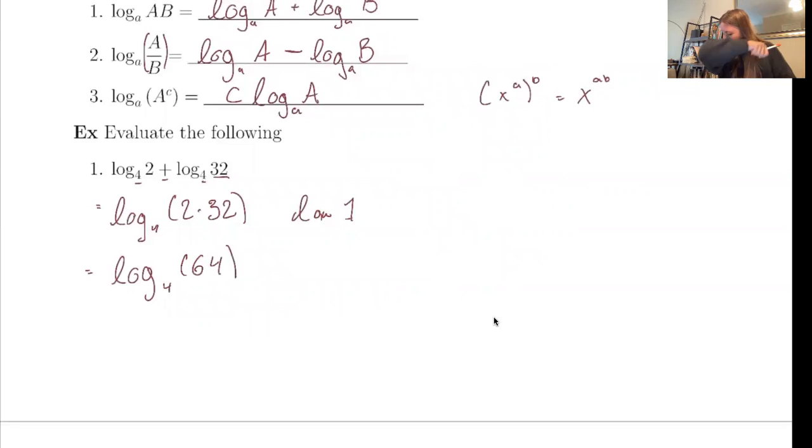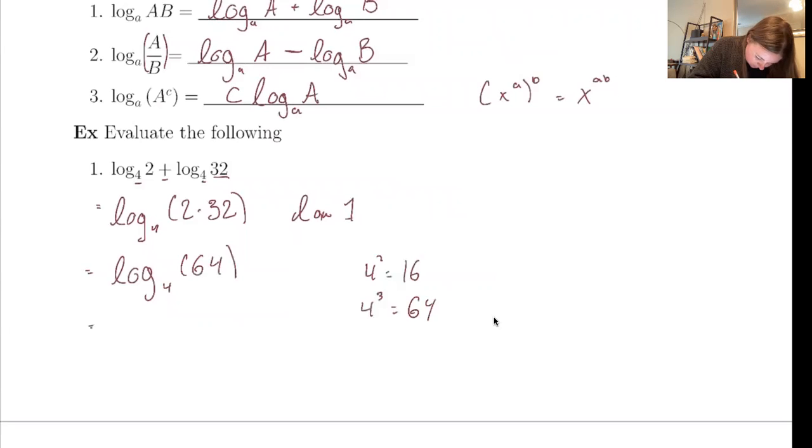So what is 64? 4 squared is 16. 4 cubed would be 4 times that, which is 40 plus 6 times 4. Yeah, 64. There we go.